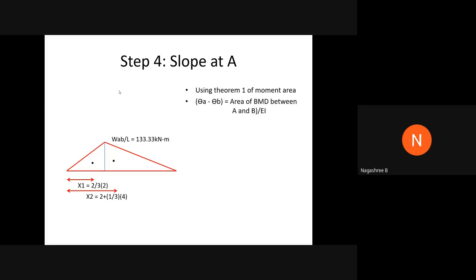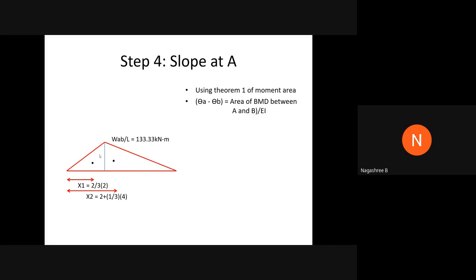I can modify that as theta A minus theta B is equal to the area of the bending moment diagram between A and B divided by EI. So theta A is the slope created at A, and the difference of that slope from the slope at support B is always equal to the area of this M by EI diagram, or the area of the bending moment diagram between those two points.